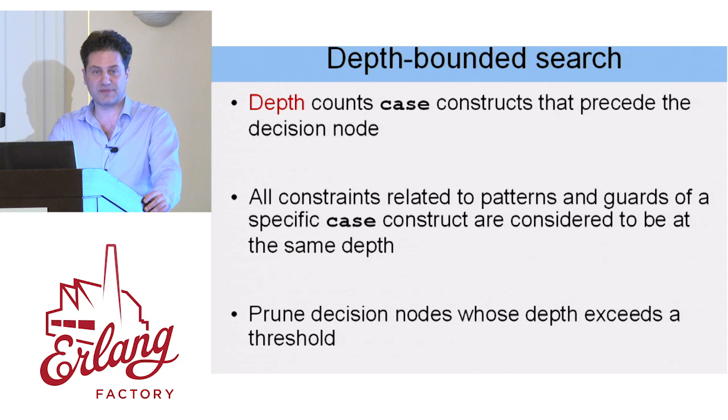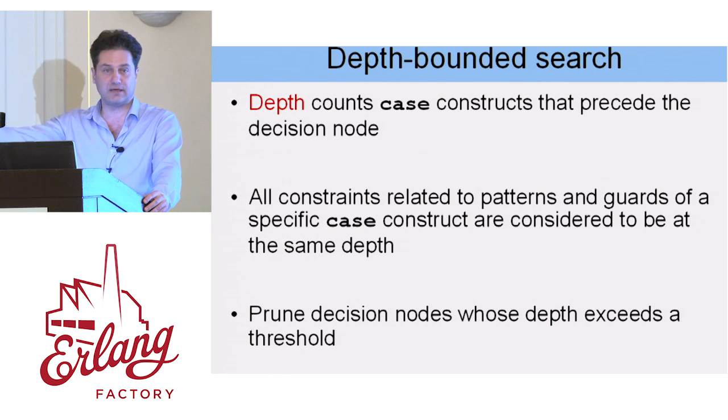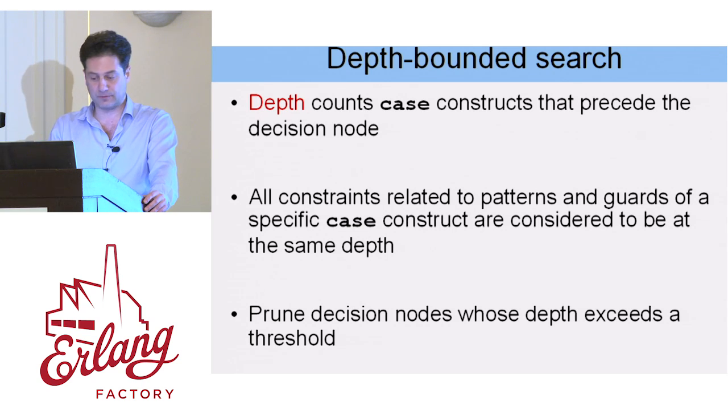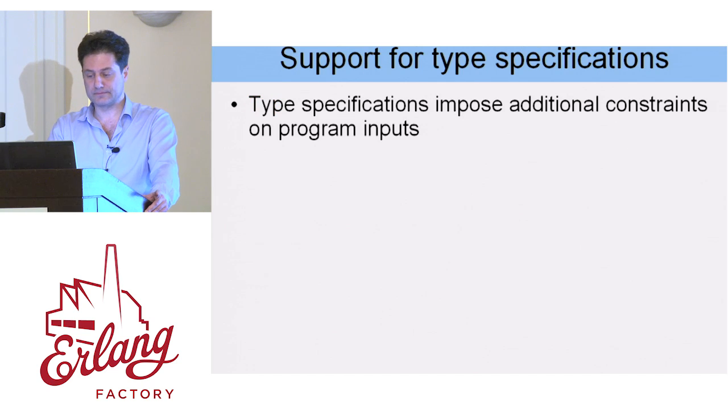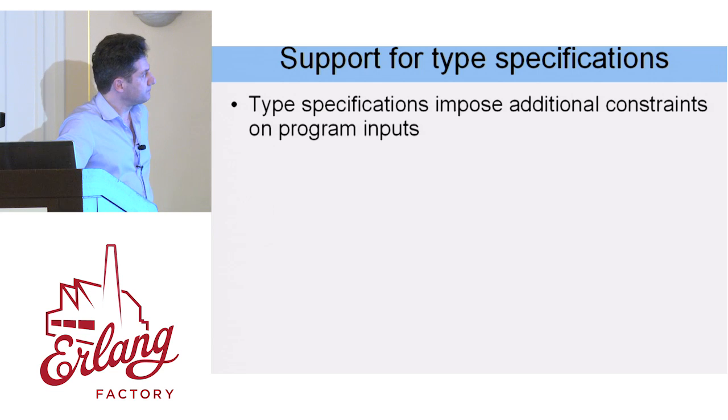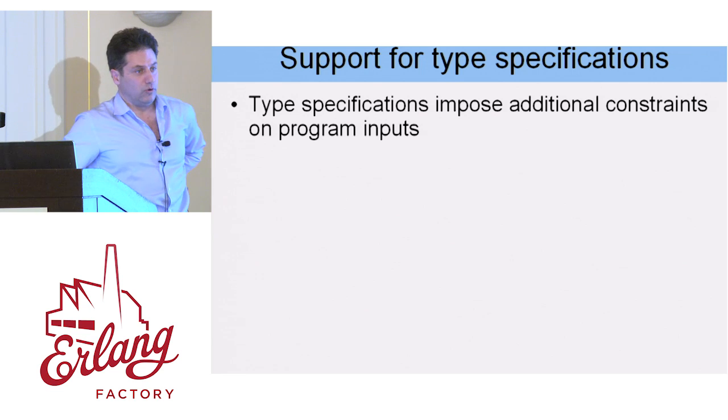We also have a depth count that checks how many of these branches we will explore every time. And after that, we don't collect any more constraints from these branches. Okay. Now, this is the vanilla tool.